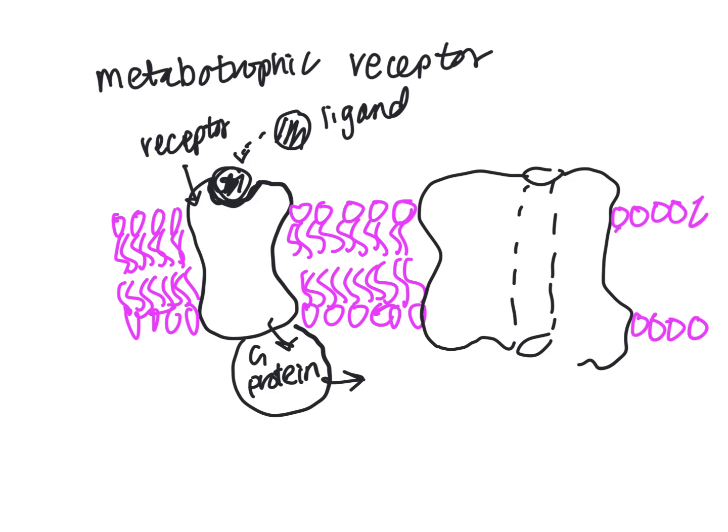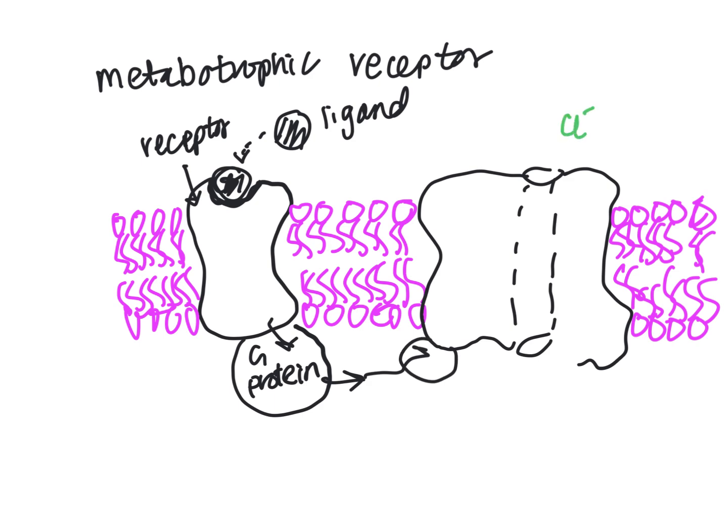Come back to that G protein in just a second. Okay, so the G protein can release after the ligand binds, and it can go and bind to another protein receptor that could cause a change in shape here that lets ions come in. Let's say these are chloride ions this time. So that's one possible thing.